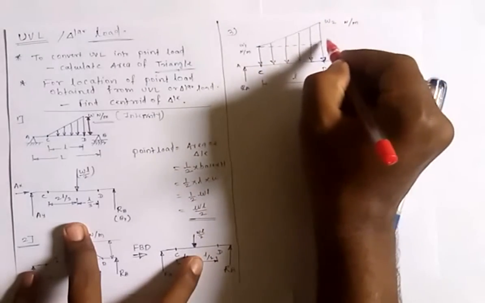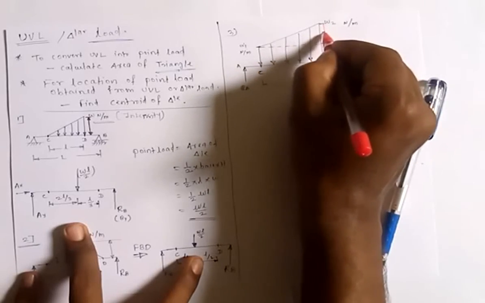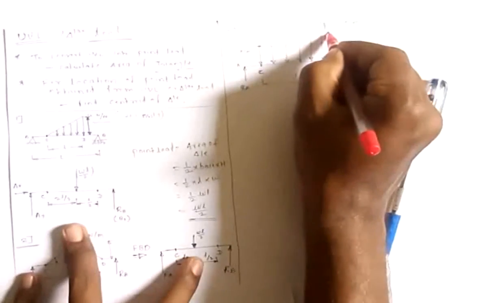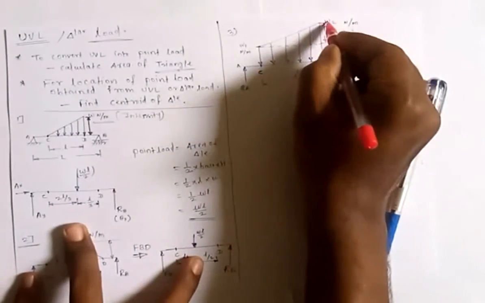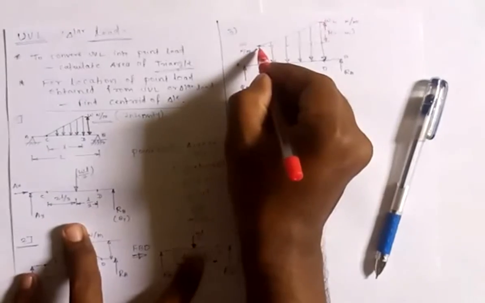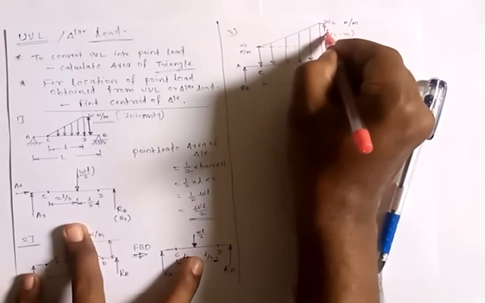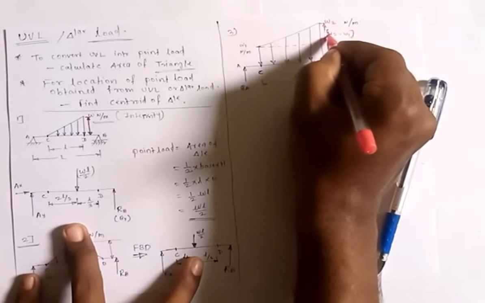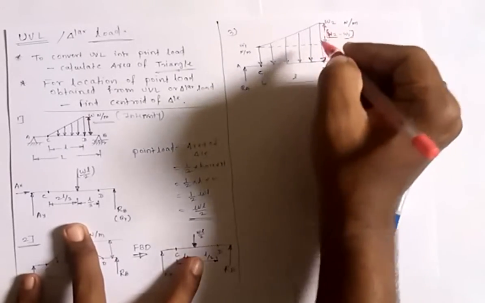So definitely that remaining height will be W2 minus W1, because total height is W2, this height is W1, so the remaining height will be W2 minus W1.